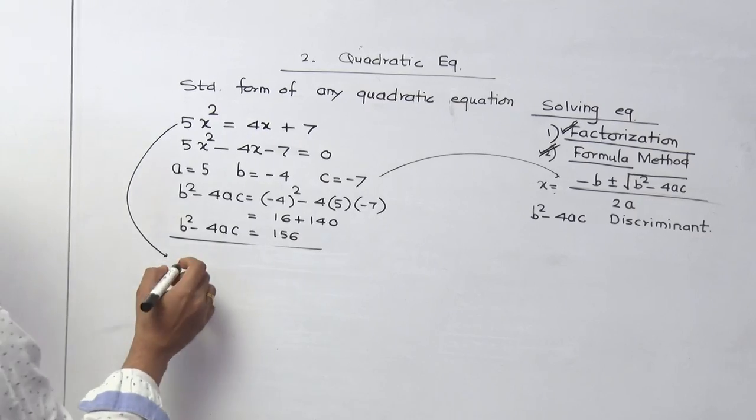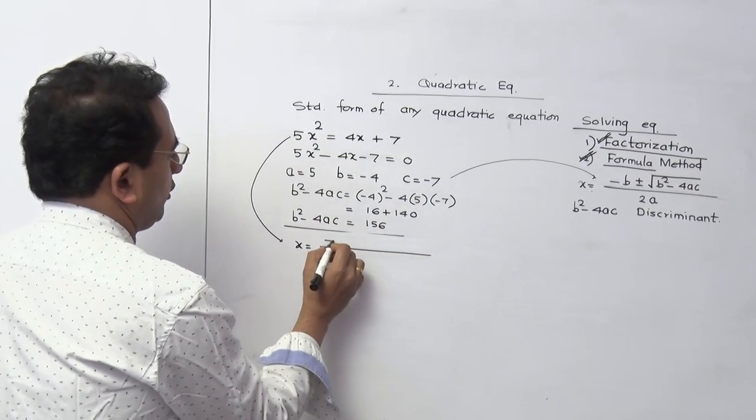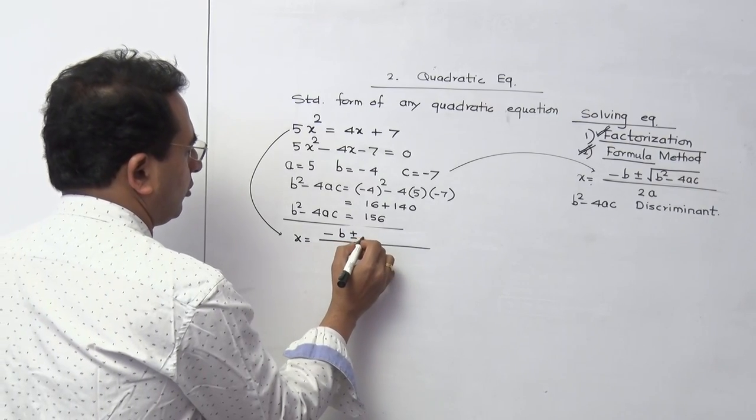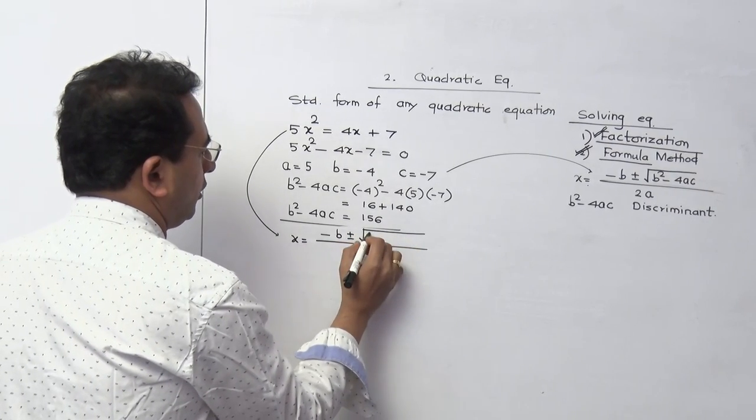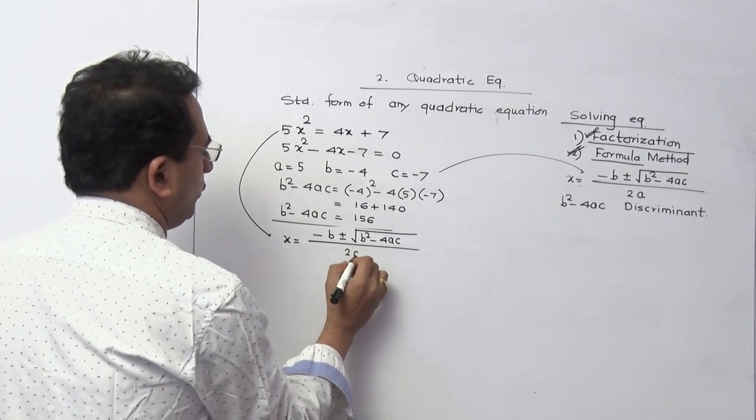Now let us go for the formula here. X is equal to minus b plus or minus square root of b square minus 4ac upon 2a.